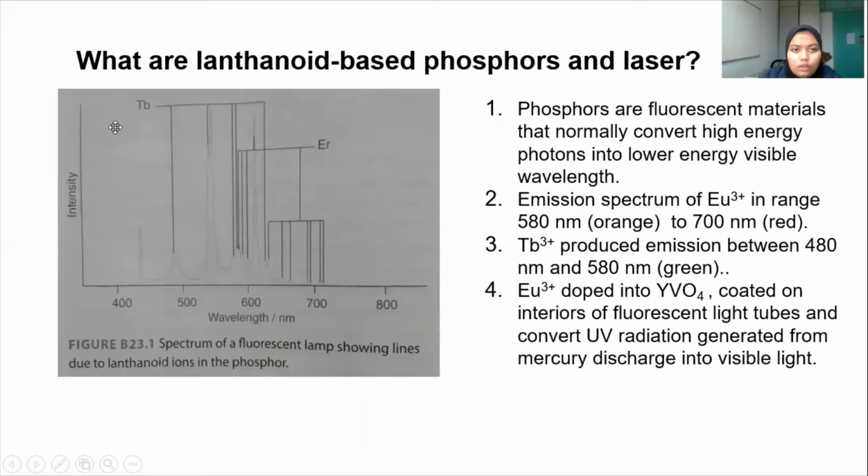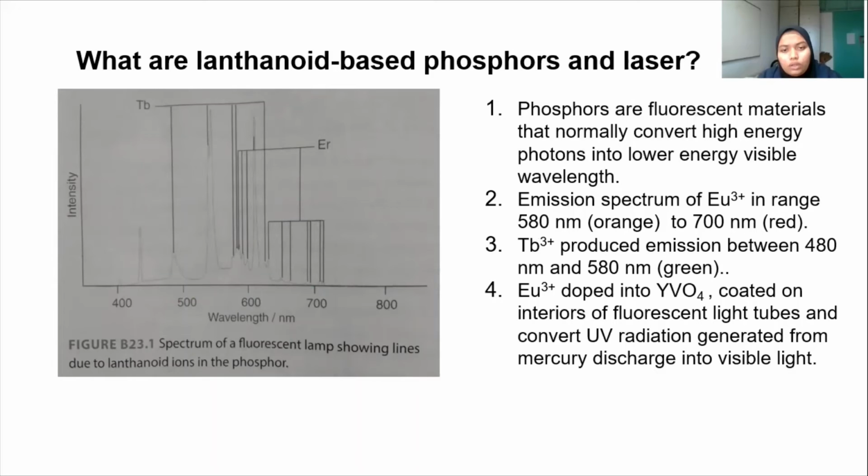So what are lanthanoid-based phosphors and lasers? This is the spectrum of a fluorescent lamp due to the lanthanoid ions in phosphors. First, we talk about phosphors. Phosphors are fluorescent materials that normally convert high energy to low energy.